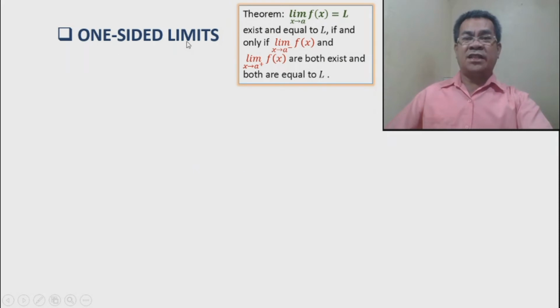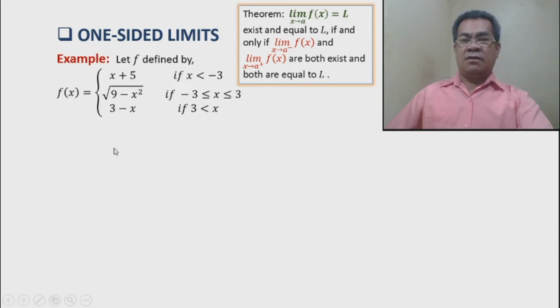Okay, now the one-sided limits. Take note, this focuses on the point. So the theorem says that the limit of a function as x approaches a is equal to L, provided, if and only if, that the limit of the function as x approaches a, and we have, just like an exponent, this negative.